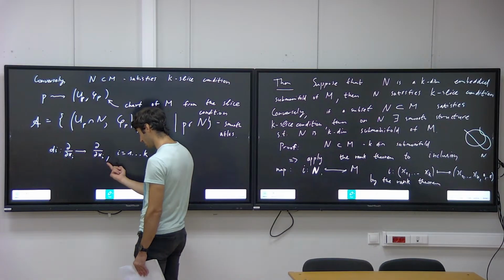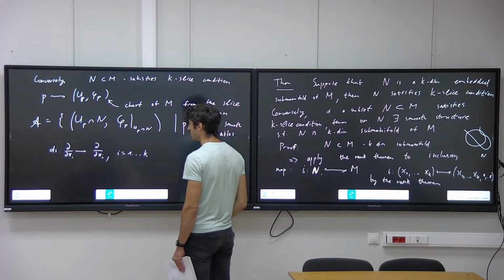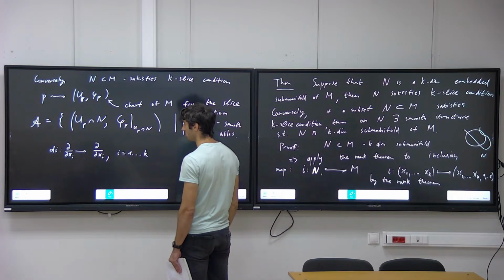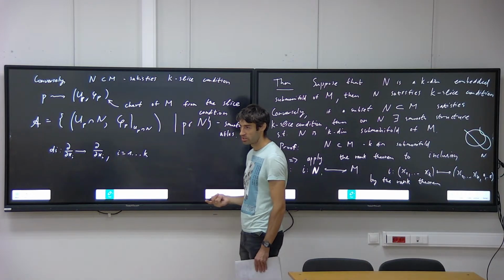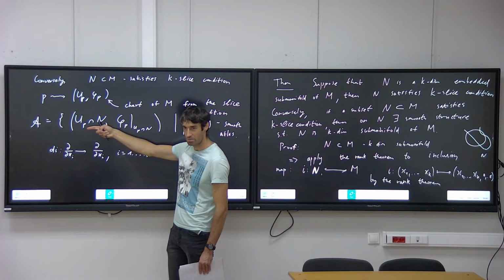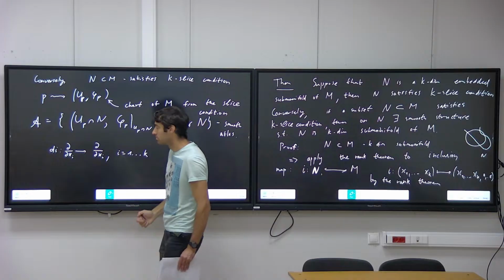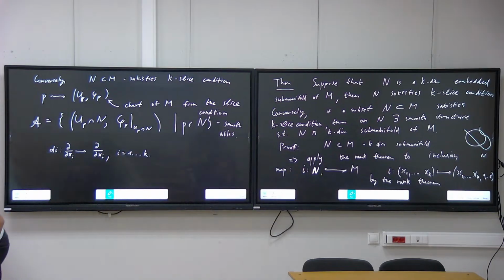And so it's injective, therefore it's an immersion. And then it's an embedding by definition because we defined on N the subset topology. So this is an open subset in the subset topology, so nothing to check.